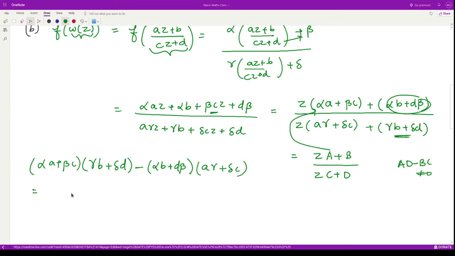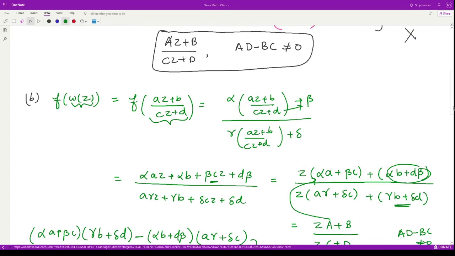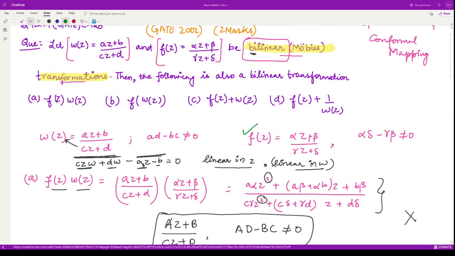Now you can solve this by multiplying all the terms. After simplifying, you would get alpha delta minus beta gamma into ad minus bc. I assume you can do this simplification. Now obviously this term is not equal to 0 and this term is not equal to 0. Why? Because the corresponding w of z and f of z were given to be bilinear transformations.